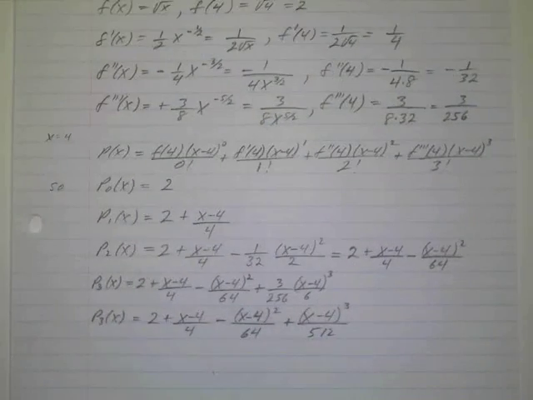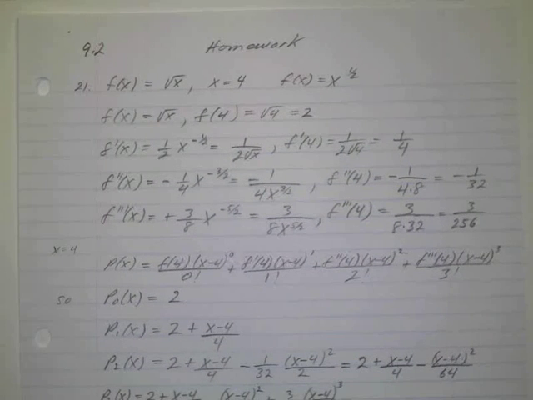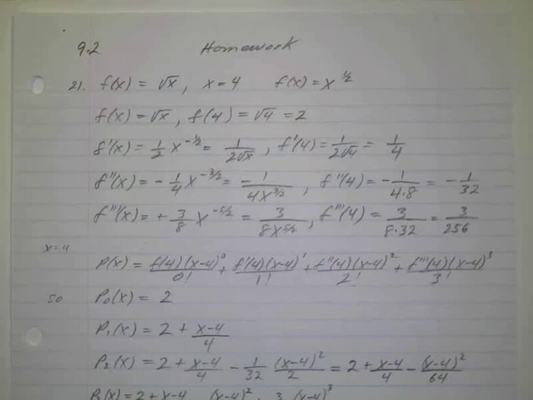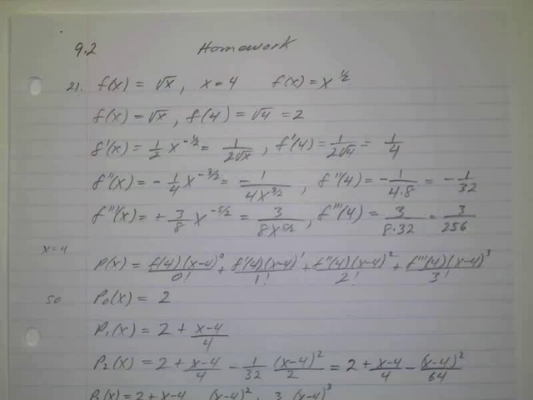And then number 21. This is a little different, so we'll have to do all of our work for this one. Okay, so f of x is the square root of x, and we're going to go about x equals 4.